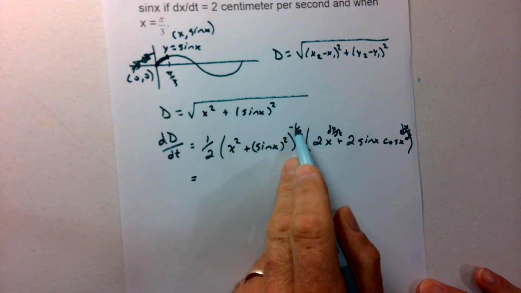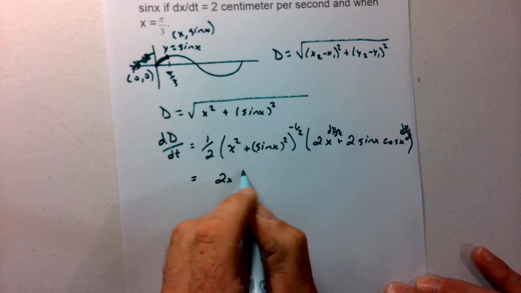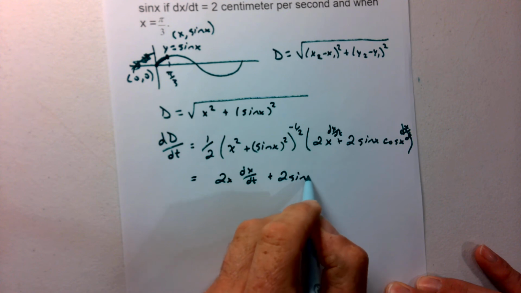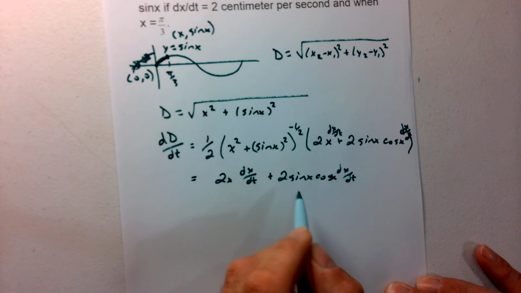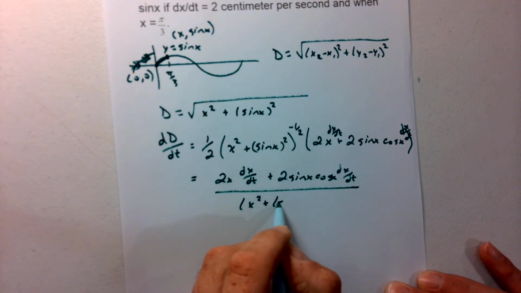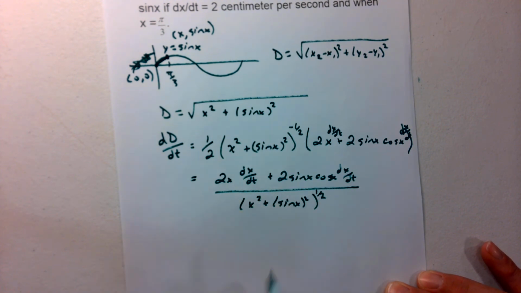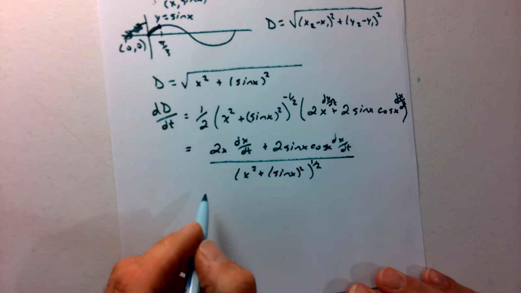All right, so we have a negative exponent. We can take that to the bottom. And we have our 2x dx/dt, plus 2 sine of x cosine of x dx/dt, over our (x squared plus the sine of x squared) to the 1/2. Now we can go ahead and plug in what we know. We know that x is going to be pi over 3, and dx/dt is 2.